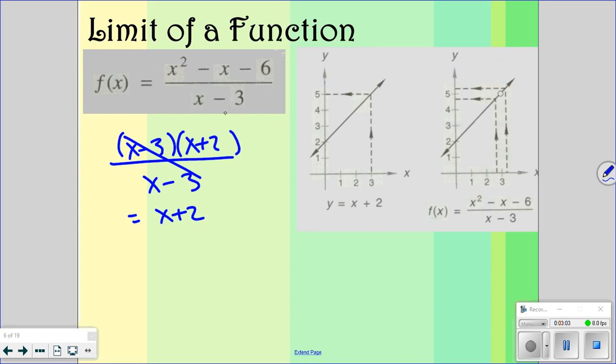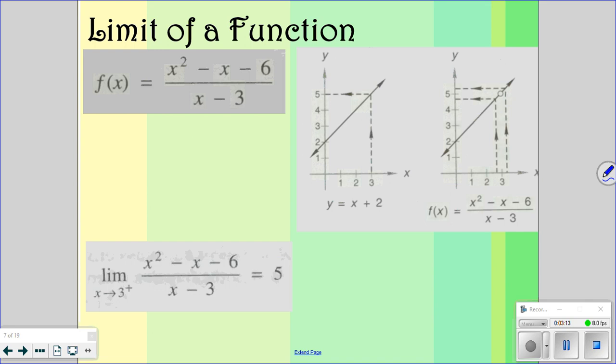However, you cannot have a 3 minus 3 in the denominator, so that's why they put a little hole here at 3. There's a little dot. So the limit as we approach 3 from the right is going to equal 5. As we're coming from the right here, the limit is approaching 5.